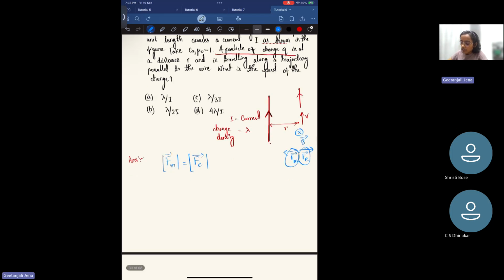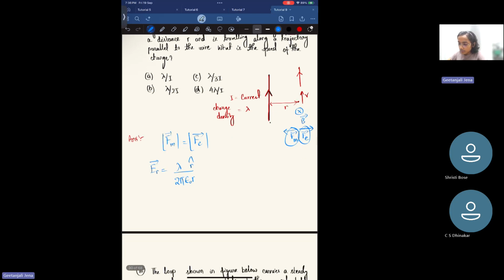To find the electric force, we need the electric field. The electric field due to a long wire, if you recall, is lambda by 2 pi epsilon naught r. This you can easily get using Gauss law.